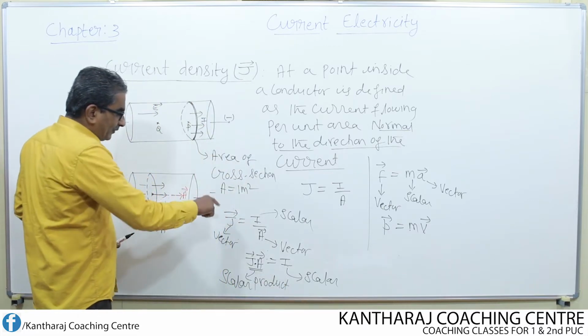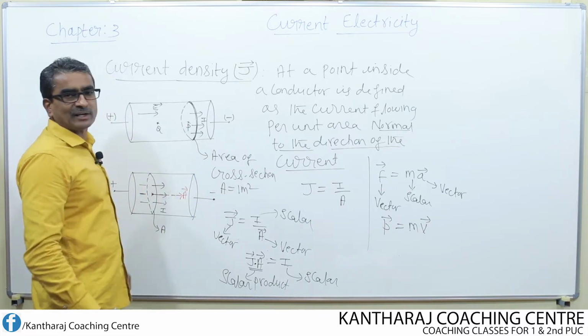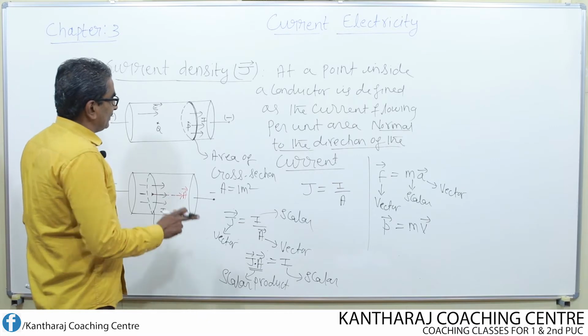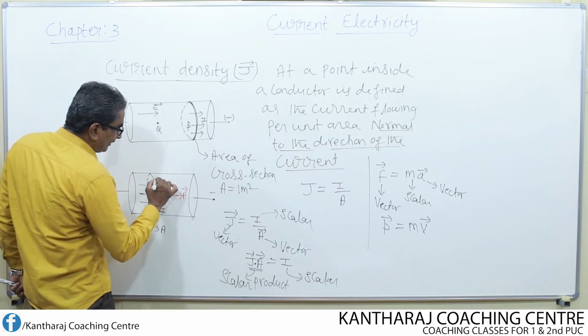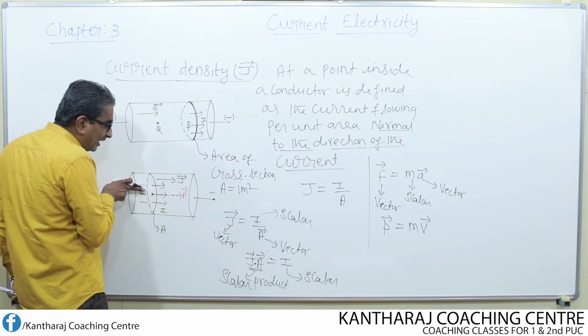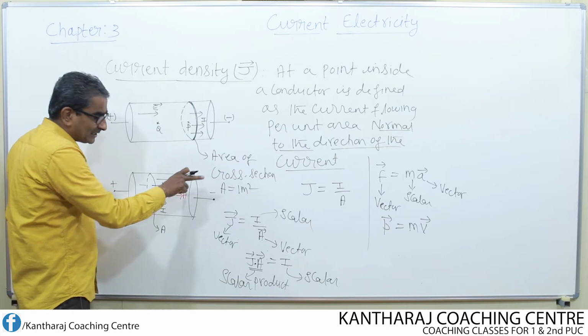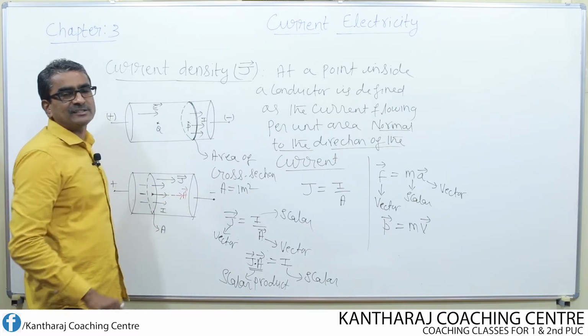So if current density is a vector quantity, then what is the direction of current density? Remember, the direction of current density is always along the direction of current itself. If current is flowing like this, current density will also be in the same direction.